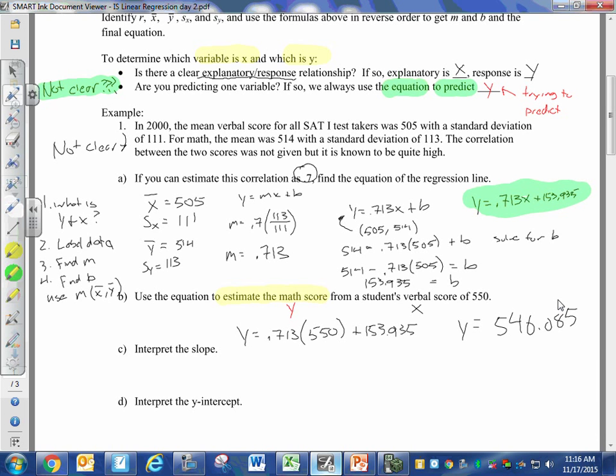Okay, so it turns out, in this situation, most students' math score is going to be below their verbal score. Is that true?